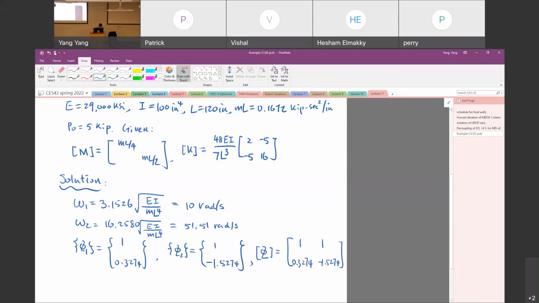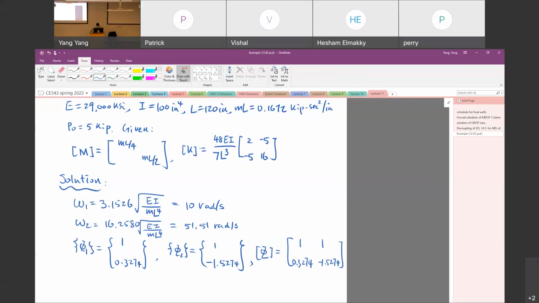As the last time we spent quite a while to derive those figures nicely, I'm just going to give you the modal shapes and the natural frequencies directly.